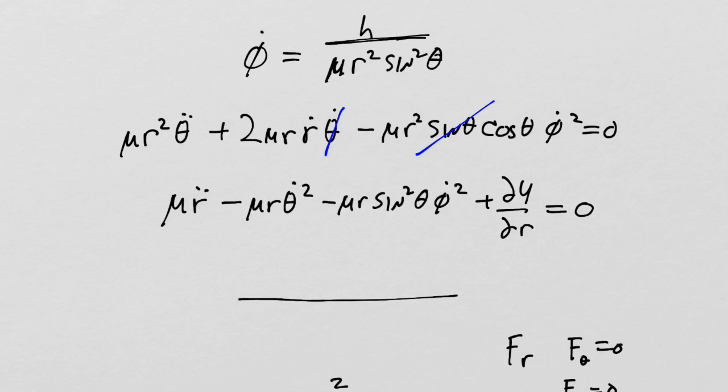This term would be 0 because theta is pi over 2 and cosine of pi over 2 is 0. And then this term here is sine of pi over 2, which is 1, so that goes away. And then we're using theta equals pi over 2, theta dot equals 0. And then, well, theta dot is 0, so theta double dot is 0.